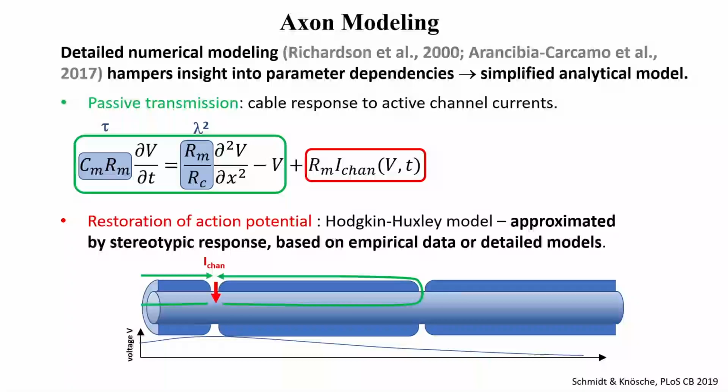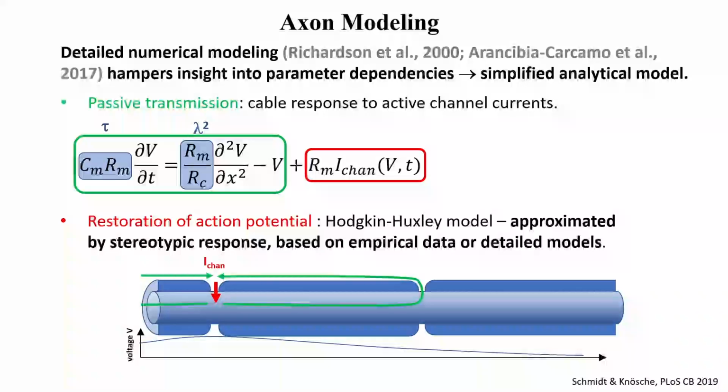However, it is kind of overkill to solve these Hodgkin-Huxley equations for each node of Ranvier, knowing that it is always the same thing. So we can use a stereotypical response at every node that is elicited once the membrane potential exceeds a certain threshold. And that one we can compute once, either using a detailed model or also using empirical data.